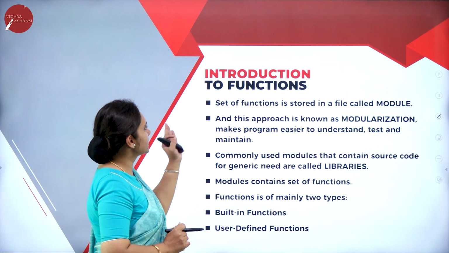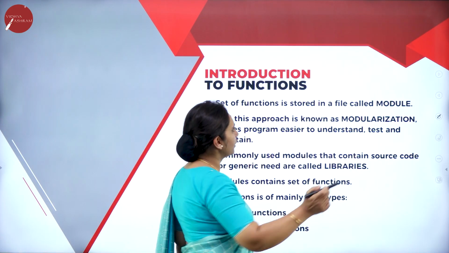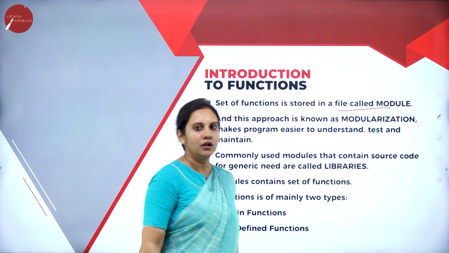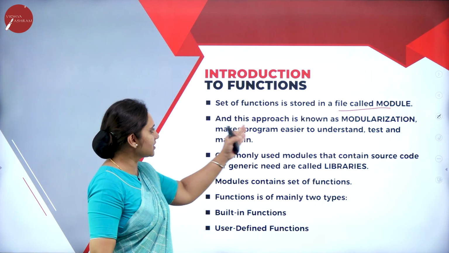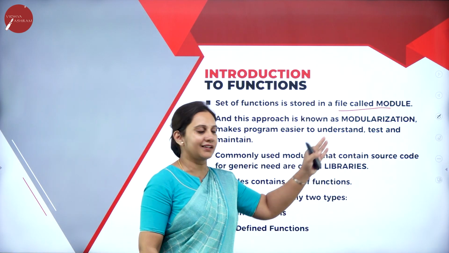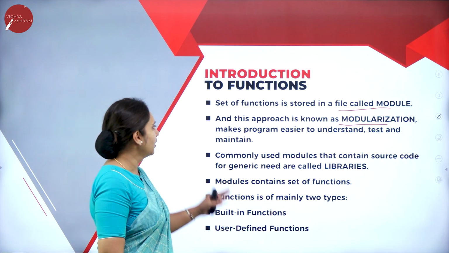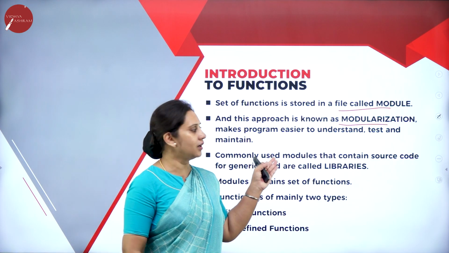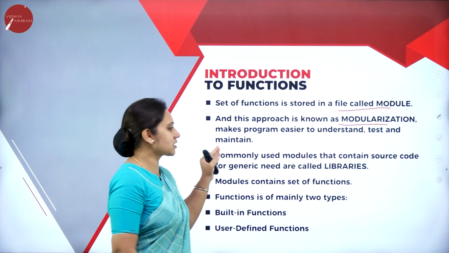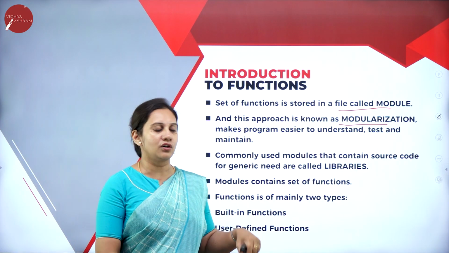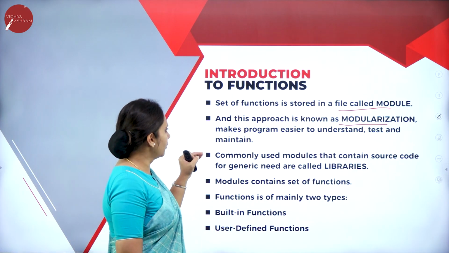Now a set of functions stored in a file is what we call a module, and this approach is called modularization. Making a program easier to understand, test and maintain is nothing but modularity.